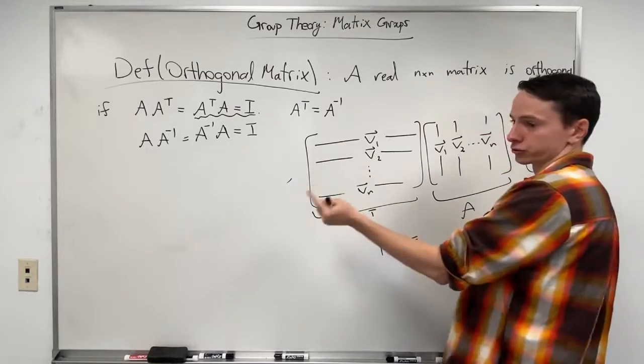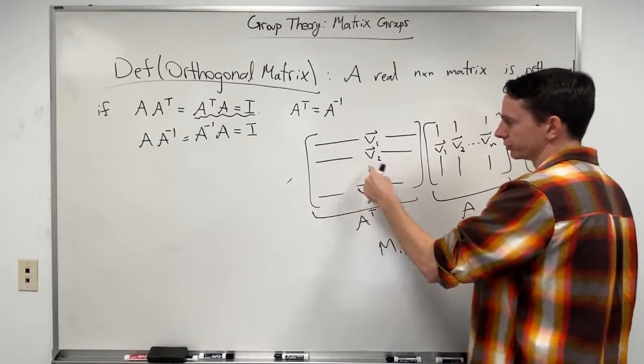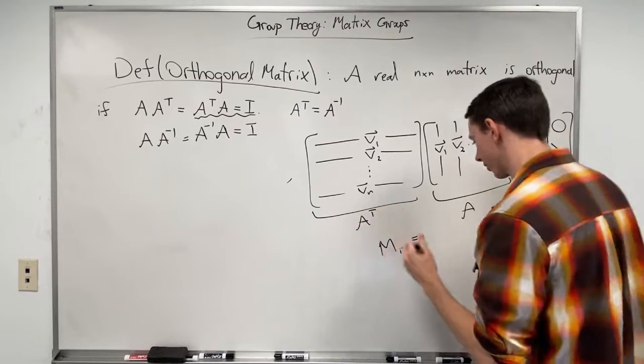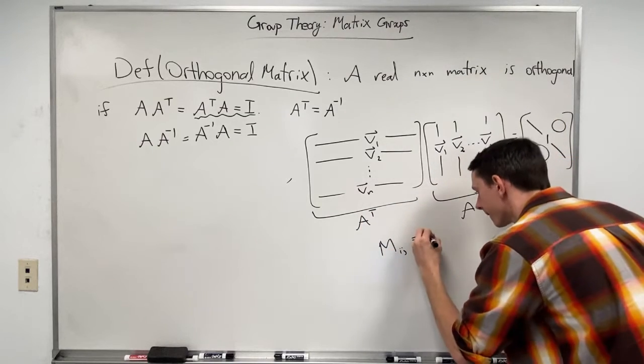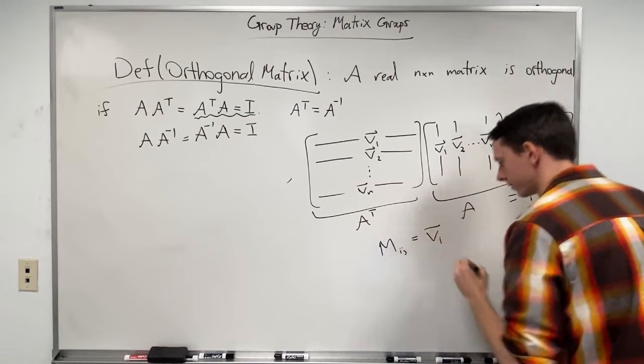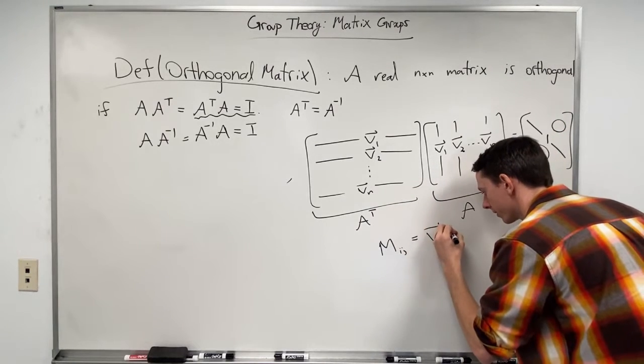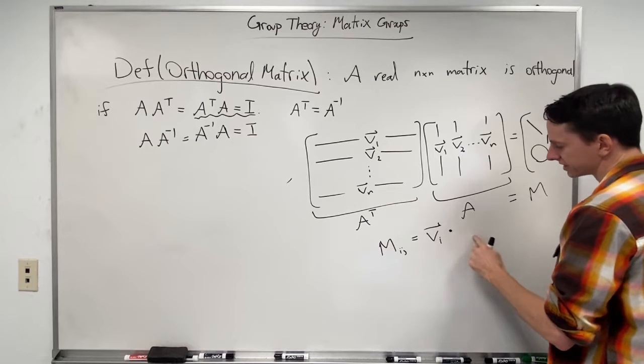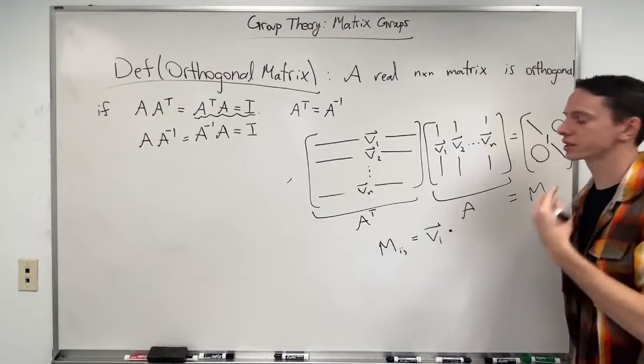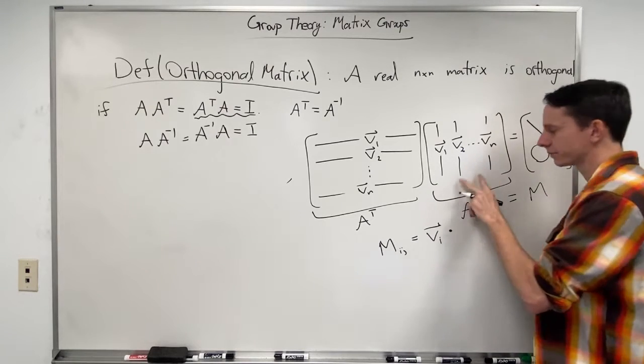Well, if the first row is V1, the second row is V2, third is V3, then the ith row is V sub i. And then we perform a dot product with V sub i on this second input right here, which would be the jth column of our second matrix.